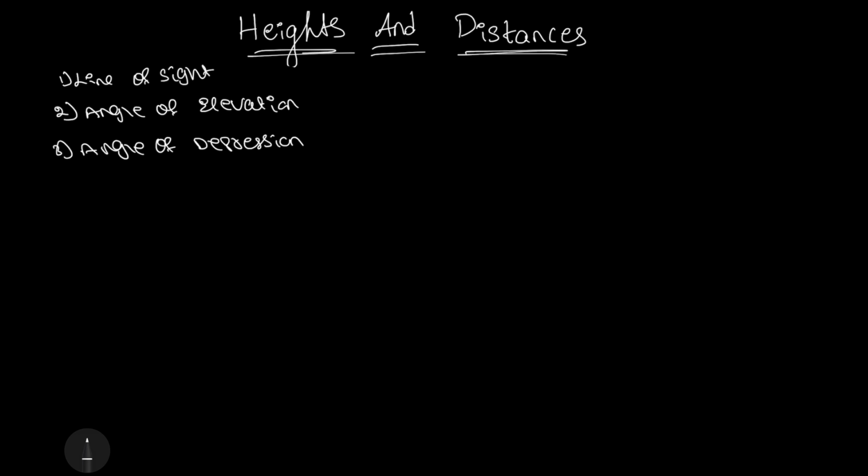First, here we have a line of sight. So to understand this, first consider a tower and a horizontal ground level, and this is a tower, and consider here one person is standing at this level.